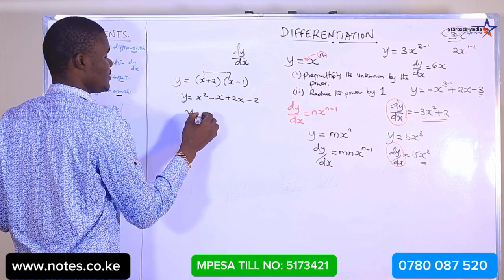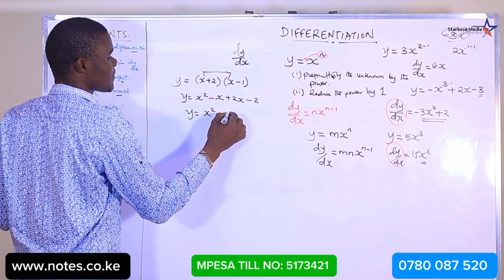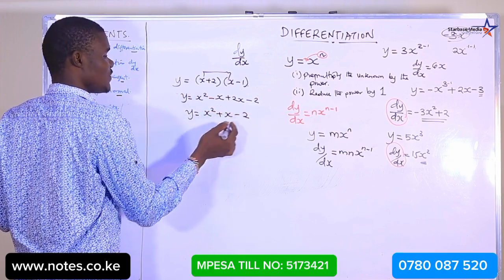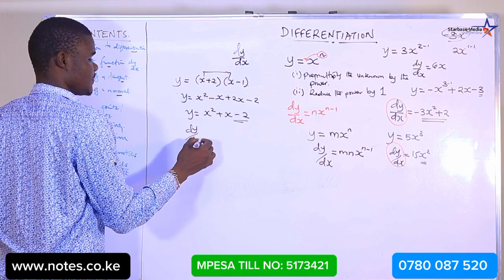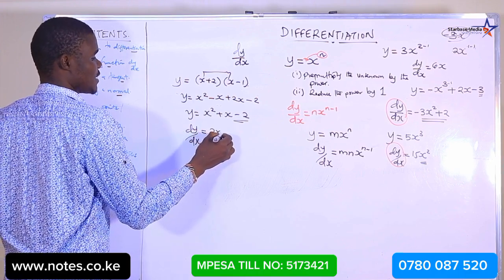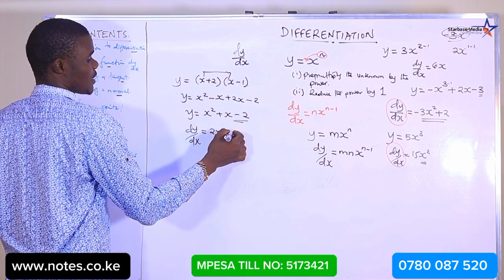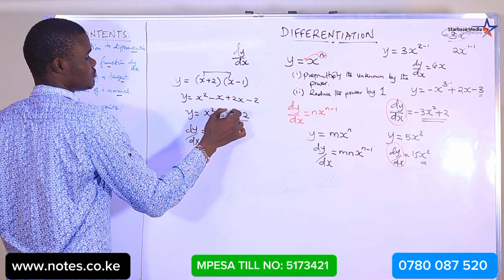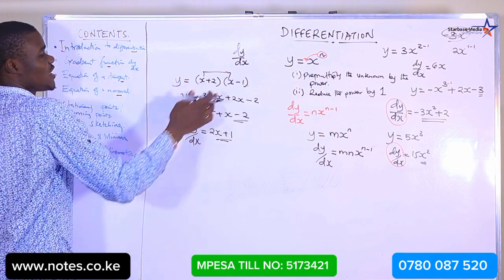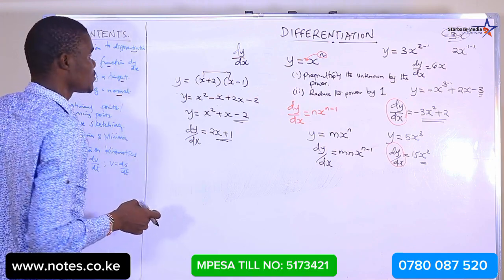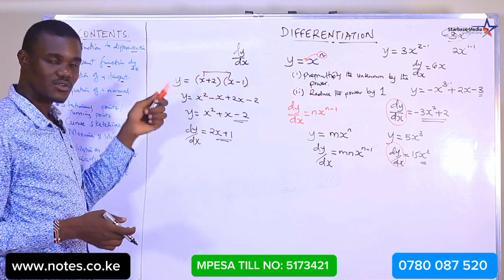So y will be x squared plus x minus 2. This is when you now differentiate and you say dy over dx will be equals to 2x plus 1. So sometimes you are given an equation to differentiate, but it is not yet expanded. So you expand first, that is when you differentiate.